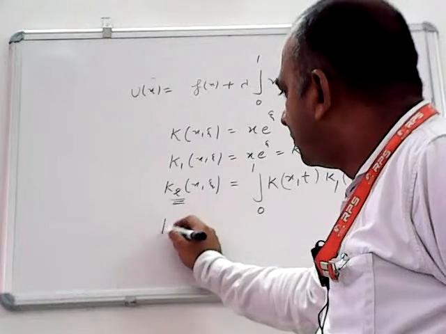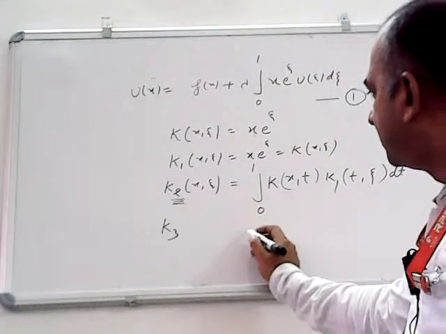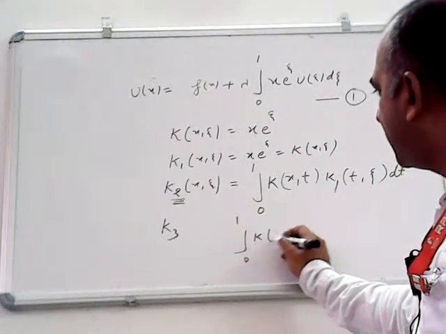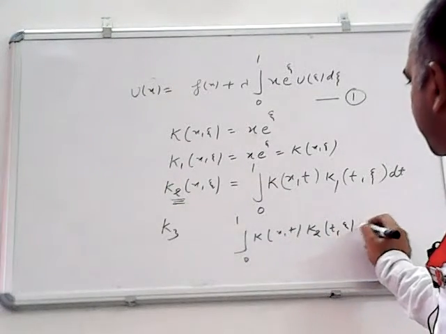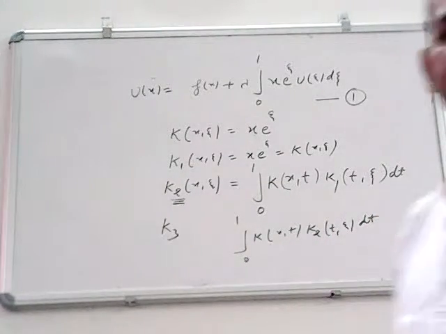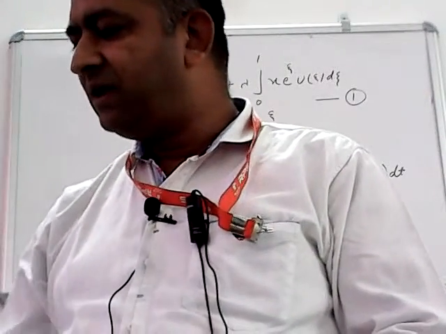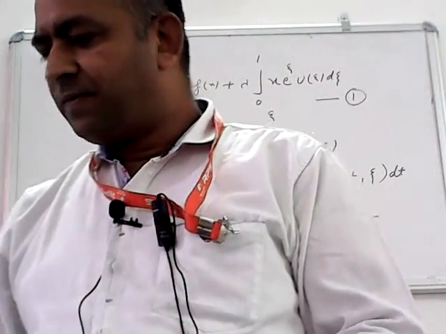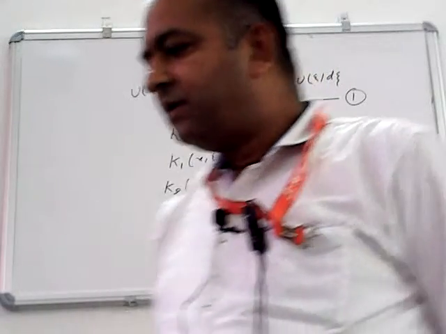In the case of K3, we will have integral from 0 to 1 of K(x, t) K2(t, xi) dt. So we will calculate K1, K2, K3, K4, and so on up to Kn.